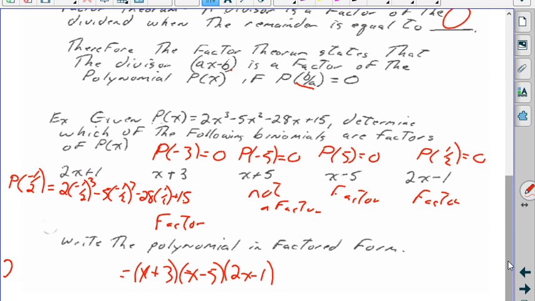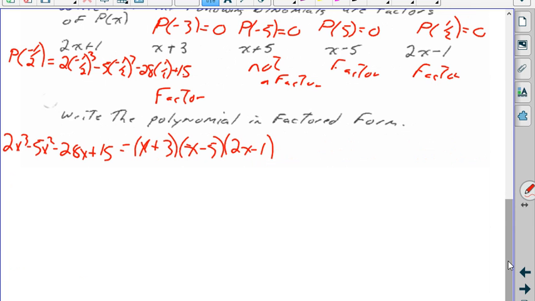So that polynomial, when we do all our factoring, and do that. And now, it's an easy way to avoid synthetic division or long division, but quite frankly, we aren't as nice. We need you to know how to do both of those terms. So the factored form is just the three factors that we found by using the factor theorem.